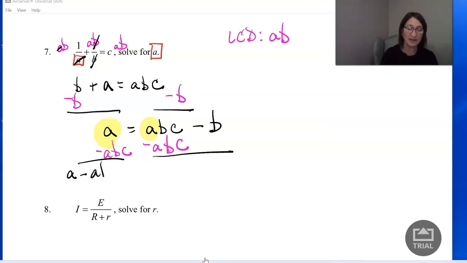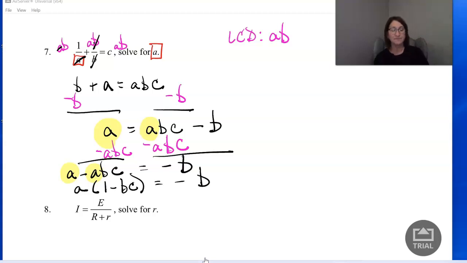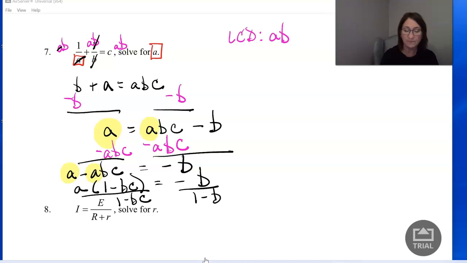So now I've got A minus ABC equals a negative B. I can go ahead and take out my A. On the left, I'm going to go ahead and factor it out. So now I've got A times 1 minus BC equals negative B. Divide both sides by 1 minus BC, and that is what my A equals.